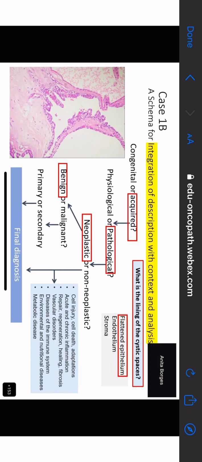What's your diagnosis? Vimi, you've got flattened epithelium. You're telling me that it is a benign cystic neoplasm, because that's what you said. It is a benign cystic neoplasm of the pancreas with flattened epithelium.